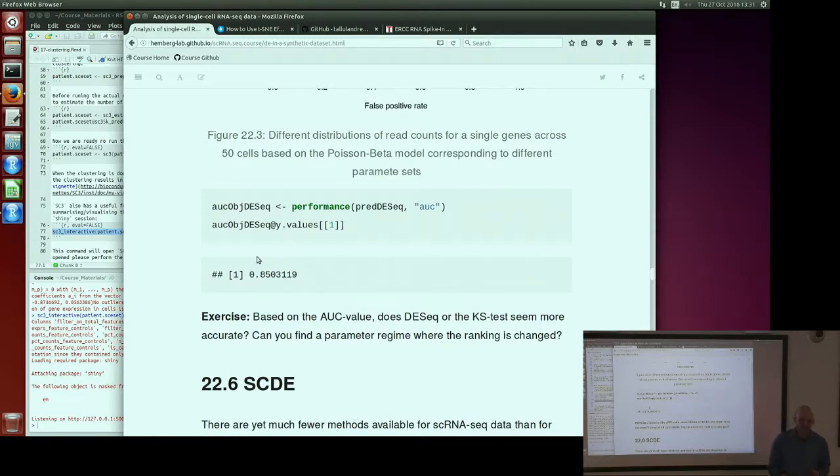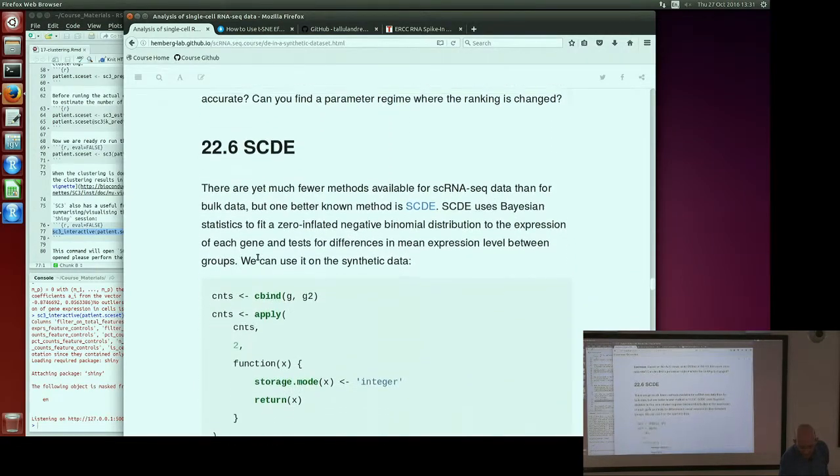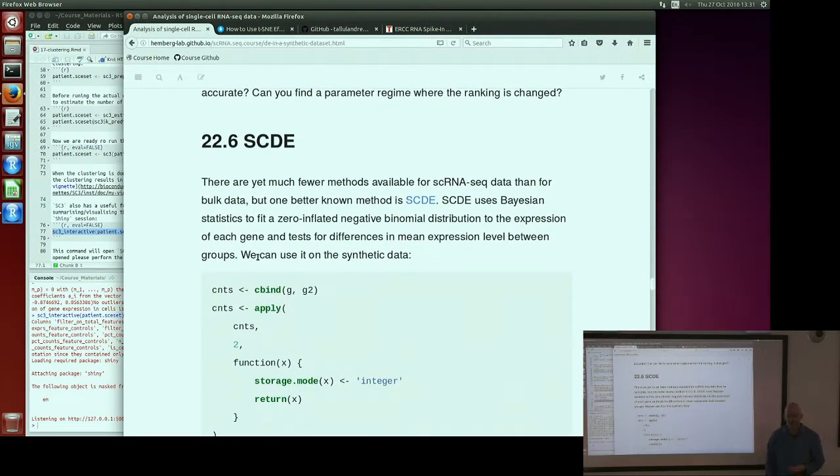The next method that we're going to look at is, to our knowledge at least, the first DE method that was published which was specifically developed for single-cell RNA-seq data. It's a Bayesian method, which tries to fit a mixture model. So it's a zero-inflated negative binomial distribution.